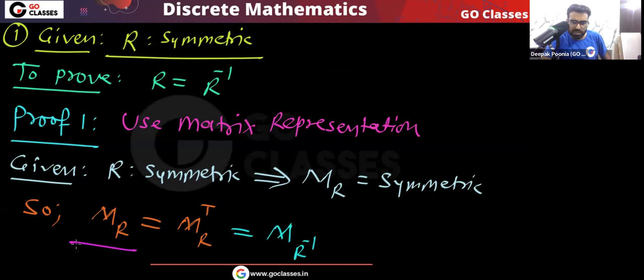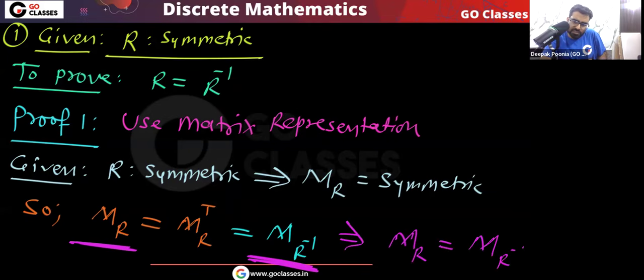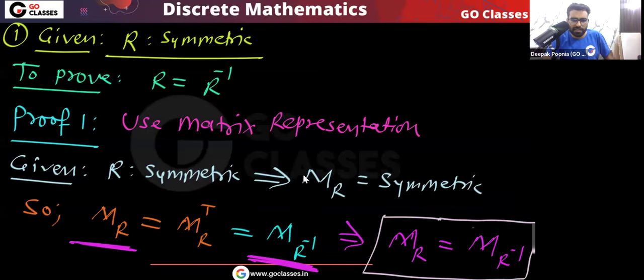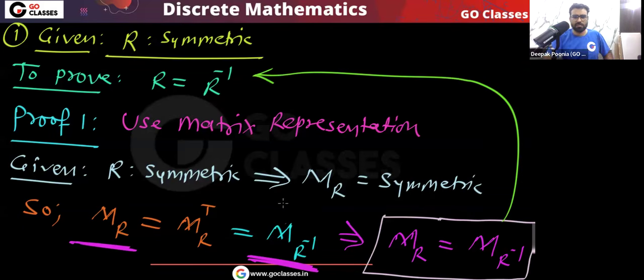So you can see that matrix of R is same as matrix of R inverse. What it means? It means R is same as R inverse. Okay, is this clear?